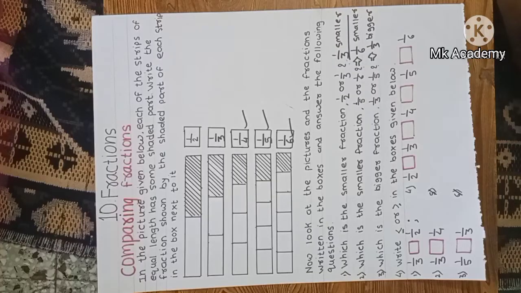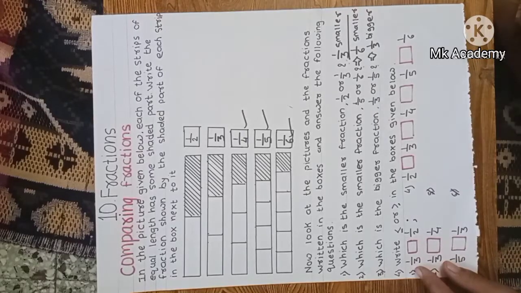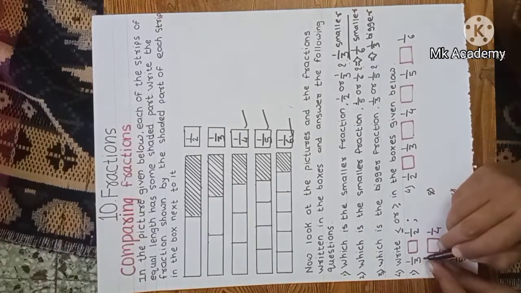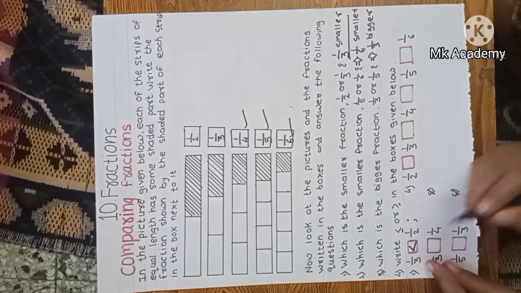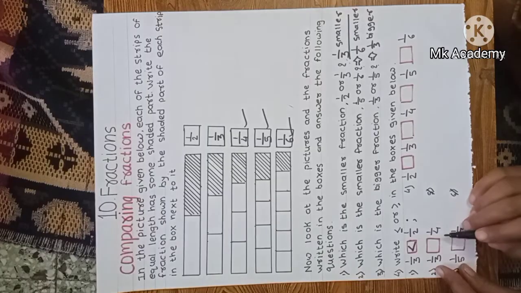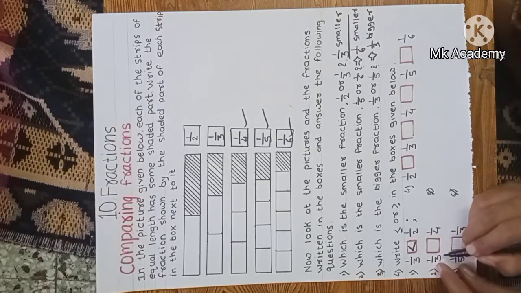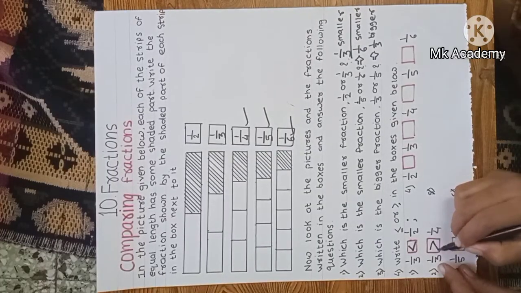Now see the first, 1/3 and 1/2. In these fractions this is smaller and this is bigger, therefore write down this. Now next, 1/3 and 1/4. Again, 1/3 is bigger and 1/4 is smaller.